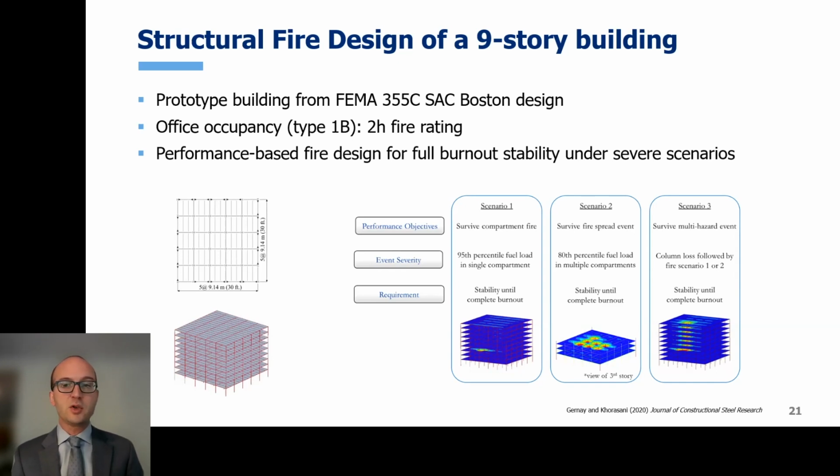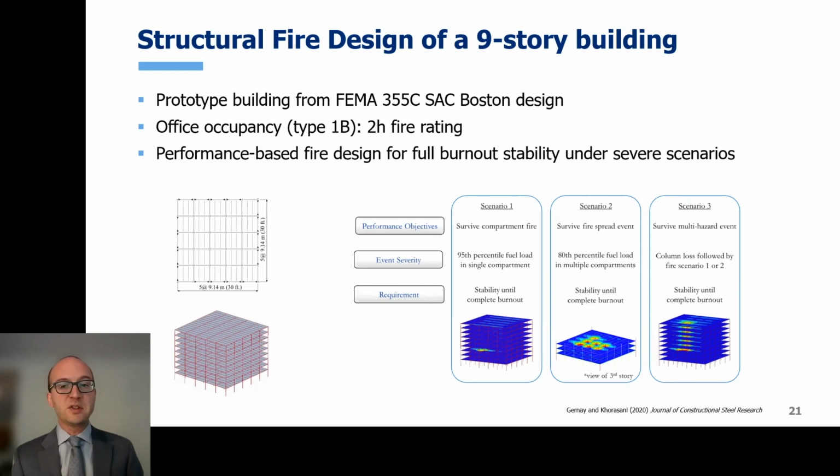In that procedure, first we must define performance objectives. What is it that we try to achieve with the design? For that building, we decided that the building had to survive to full burnout, so remain stable, without intervention, without any other layer of fire protection, so no sprinklers, no fire brigade. We want the structure to resist a fire.